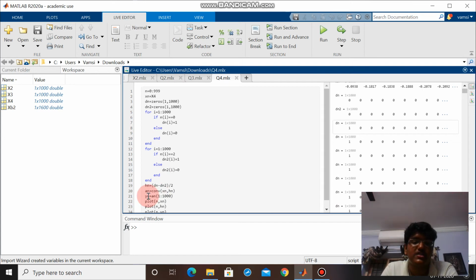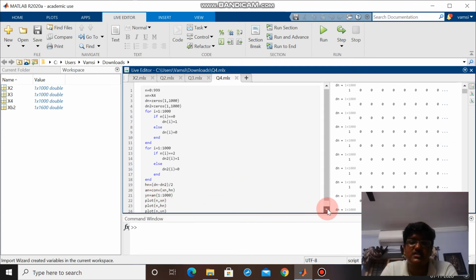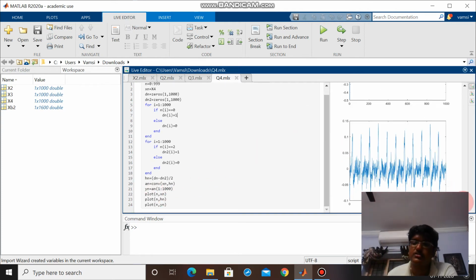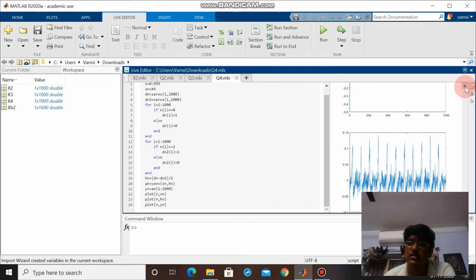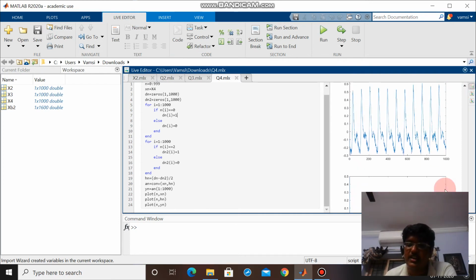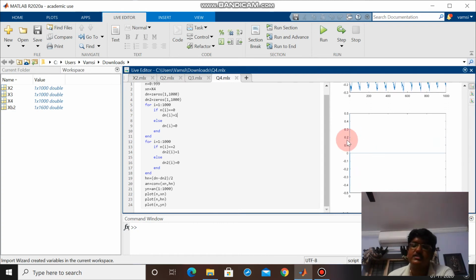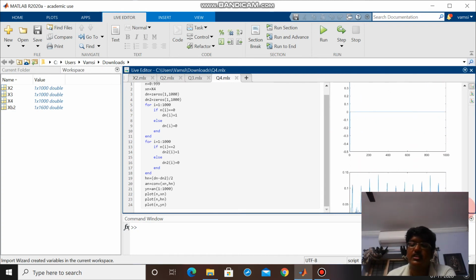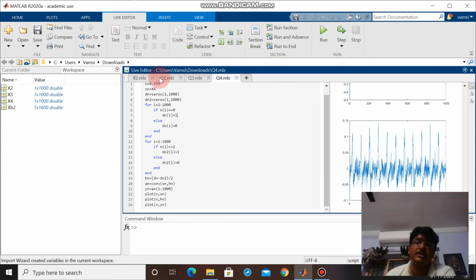To plot, we will use yn equal to an from 1 to 1000, and by using plot functions we directly plot those. So if we check out the graphs, this is our x4 signal, which is the input signal, and this is our impulse response signal, and this is our final output signal.